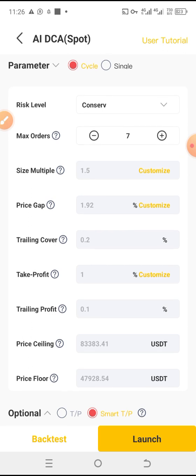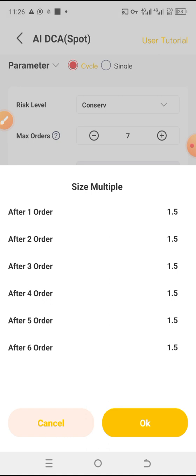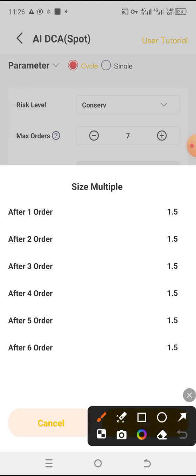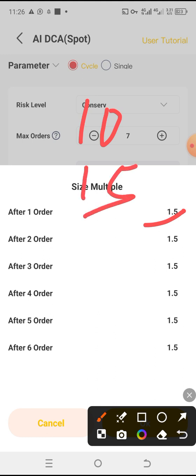Then we have size multiples. What this is saying is that when you buy the first coin, you buy it at $10. The second order will be $15 because it will be 1.5 times the first one.